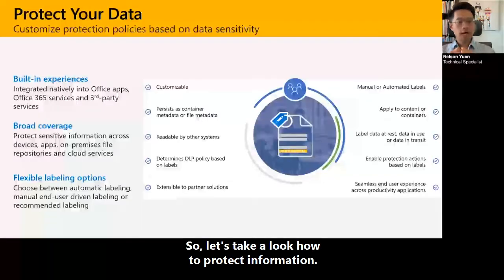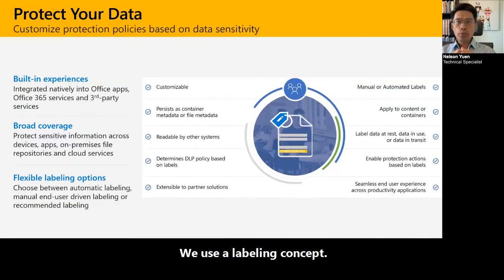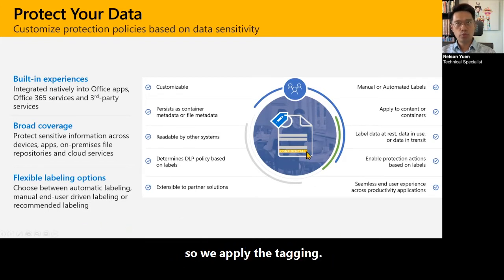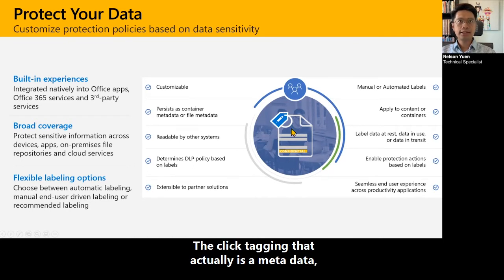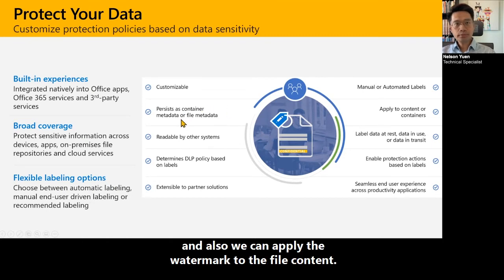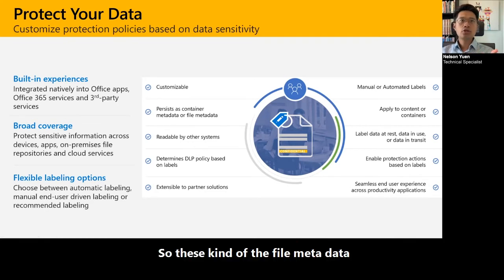So let's take a look at how to protect information. We use a labeling concept. For example, in this slide, you can see there is confidential information in the document. So we apply the tagging. The tagging is actually metadata on the file, and we can also apply a watermark to the file content. This kind of file metadata can be read by other systems.